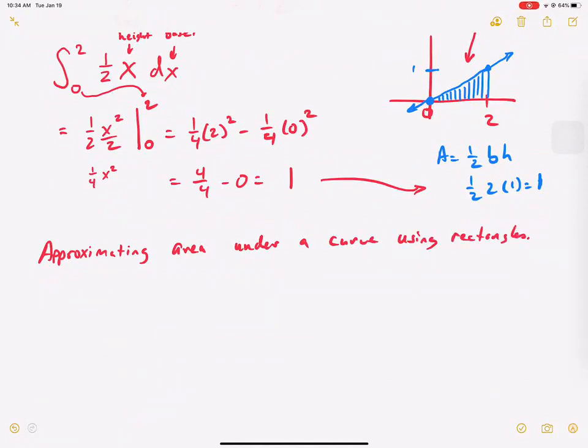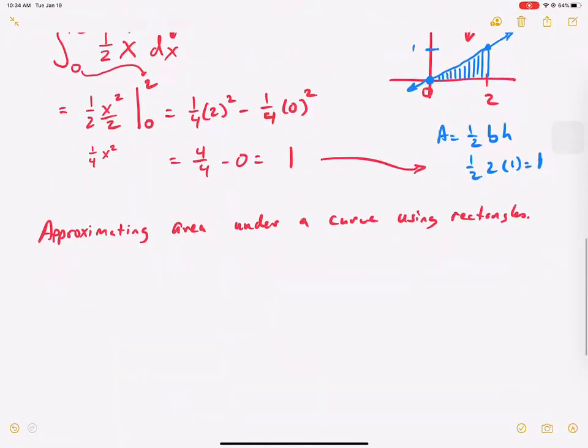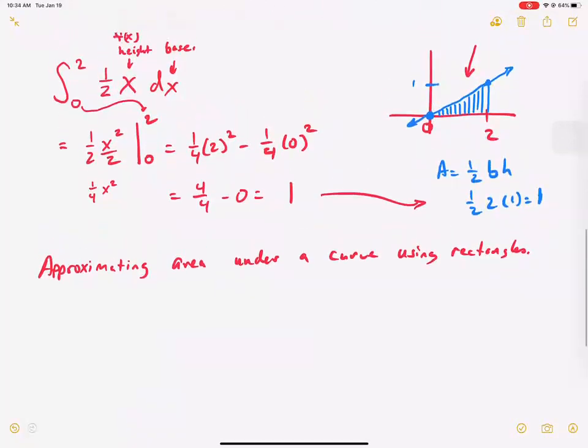Okay, so we'll talk about why this basic idea works. I mean, why does integration work?